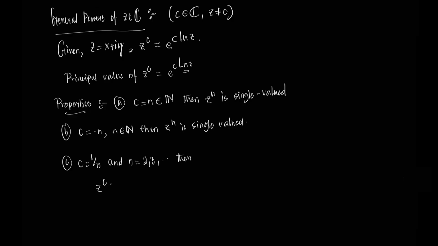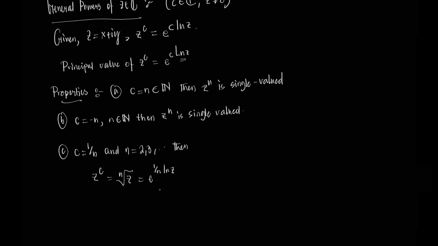Then z power c, what is z power c in this case? It is nothing but the nth power of z, which is nothing but exponential. So this is e power c log z, so basically 1 by n log z. Since it is log z here, that 2n pi multiple is there, right?